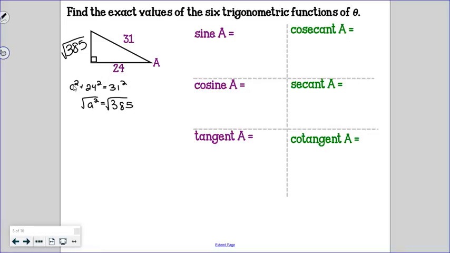Okay, so label your opposite, adjacent, hypotenuse and start setting up your trig ratios.